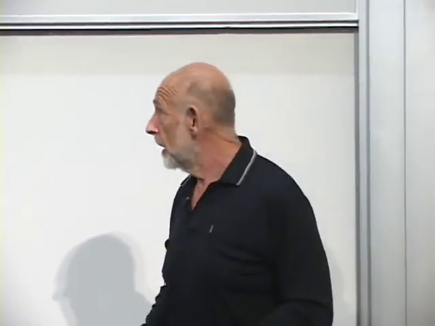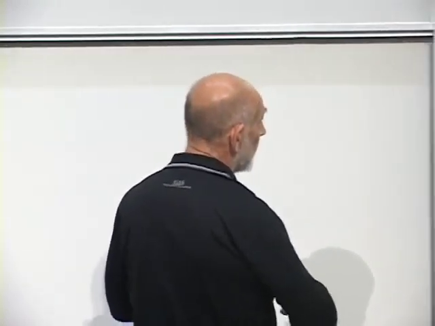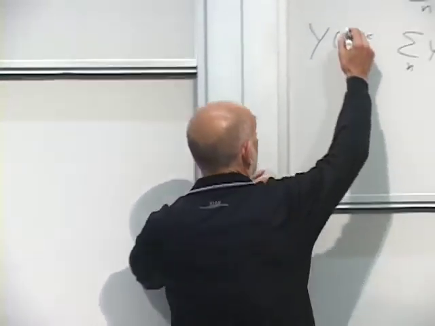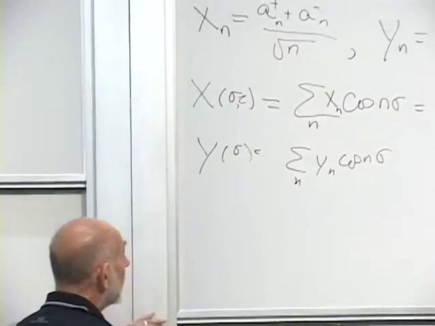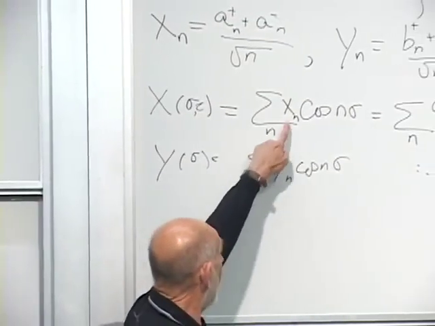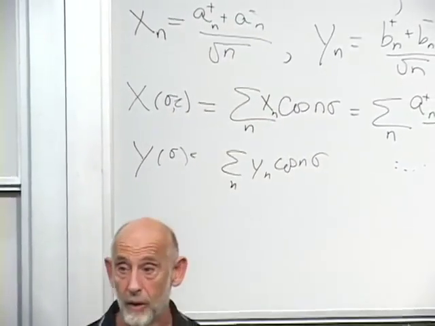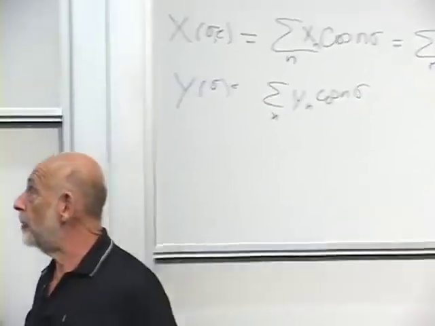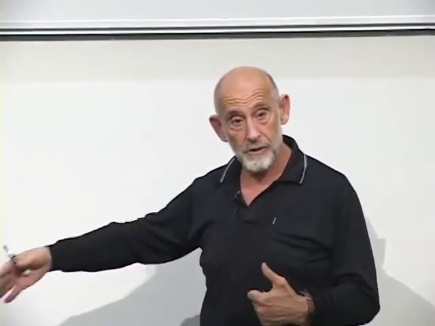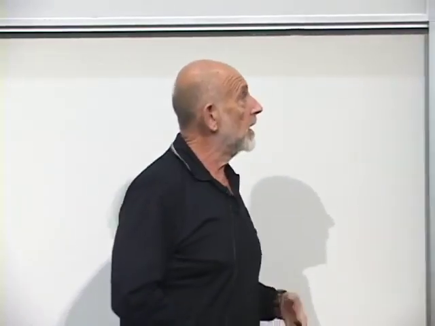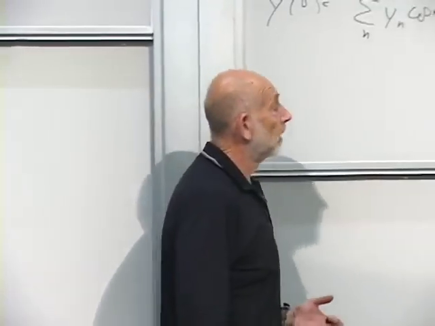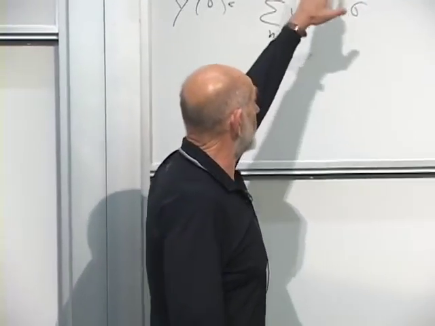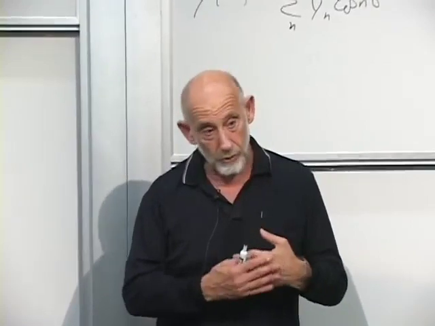The last time, I believe I called it tau. That means that every point on the string is not just a function of sigma, it is also a function of tau. It's the xn's which are dependent on tau. Why are they dependent on tau? Because they're oscillators. They oscillate. They vibrate. The xn's vibrate with oscillations. They depend on time. The cosines of sigmas, those are the ones which depend on sigma.